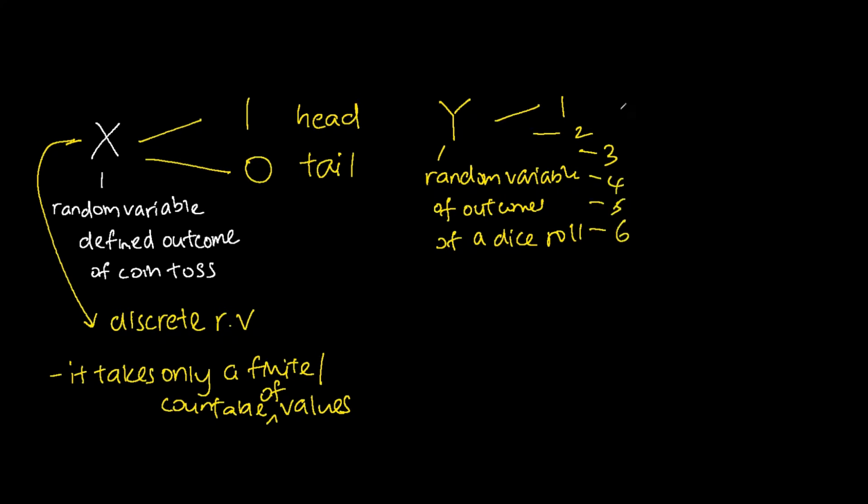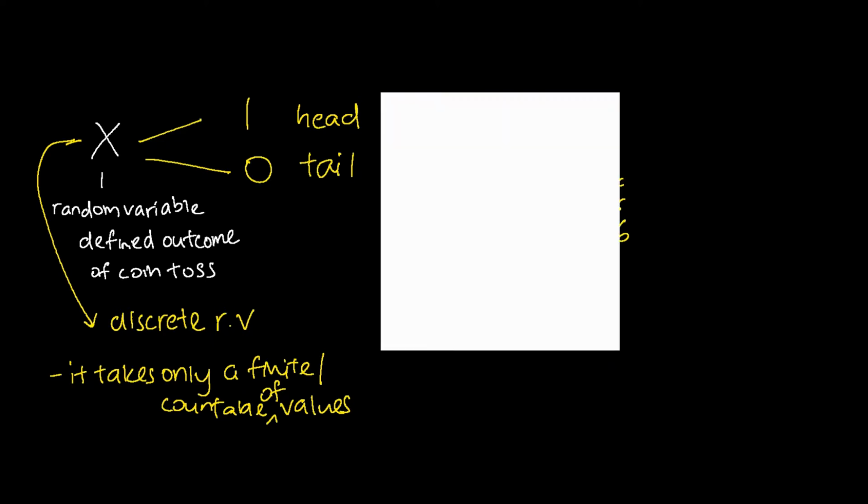As these 6 outcomes are finite, y is also a discrete random variable. So here's a very short example of what a discrete random variable is.